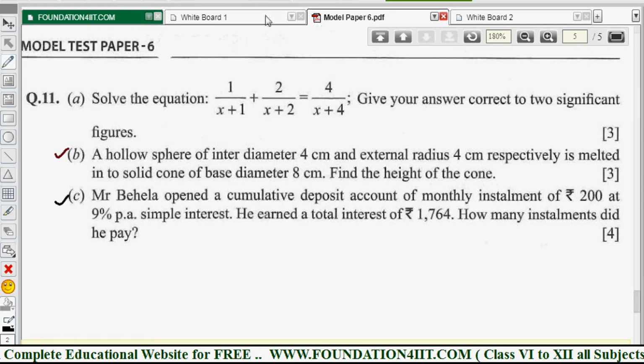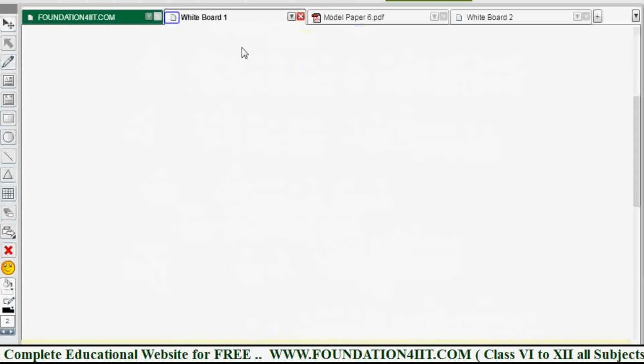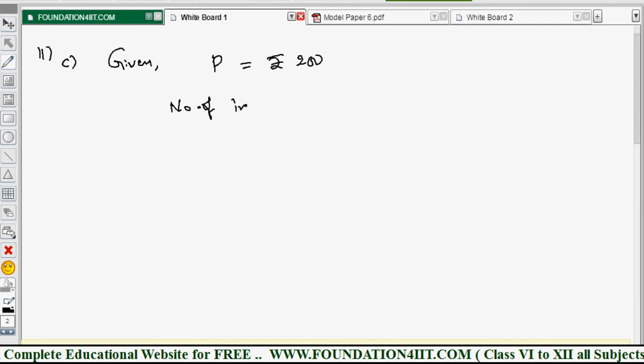Let's take the given values. Monthly installment is given, that is 200. Given monthly installment, let it be P, that is rupees 200, and the number of installments is not given. Number of installments is actually the number of months, because every month we will pay an installment. So the number of installments, that is n, because n months.